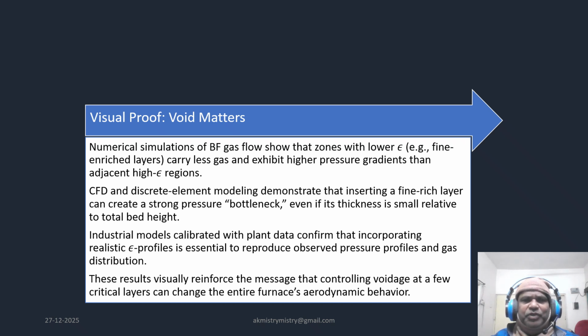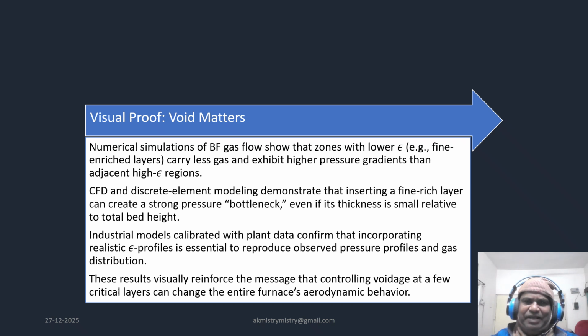Third, our instrumentation, pressure drop trends, gas utilization indices, and stock line descent pattern can be used as early warning indicators of deteriorating voidage. Any unusual rise in pressure for the same blast, together with irregular descent, should trigger a check on fines and burden condition. The scientific message is clear.